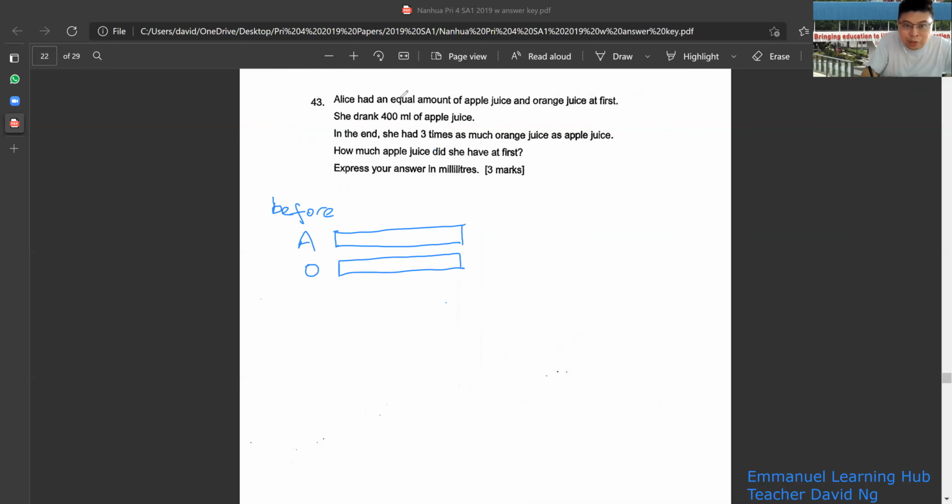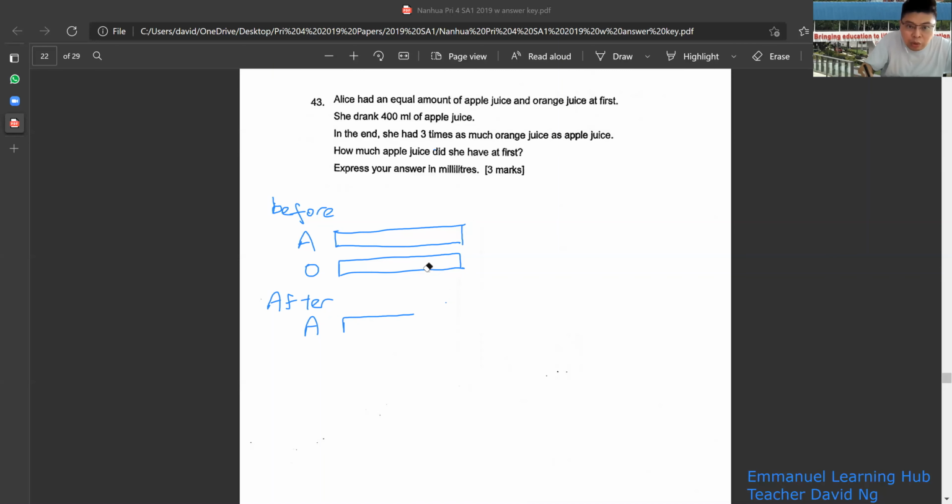Equal amount of apple and orange at first. She drank 400 ml. After she drank 400 ml, what happened? In the end, 3 times as much orange juice as apple juice.